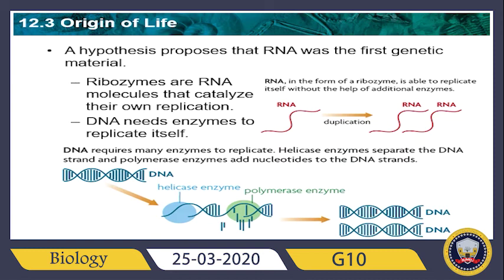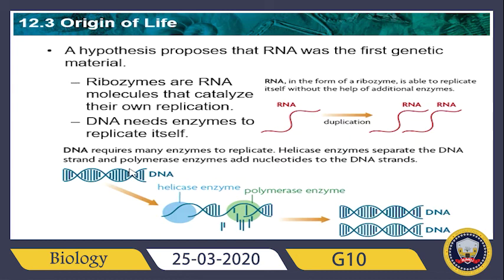Along with the discovery of ribozymes, several other types of evidence support the RNA hypothesis. Short chains of RNA will form from inorganic materials in a test tube, and if zinc is added as a catalyst, longer chains will grow. Also, RNA will fold into different shapes depending upon the sequence of nucleotides.